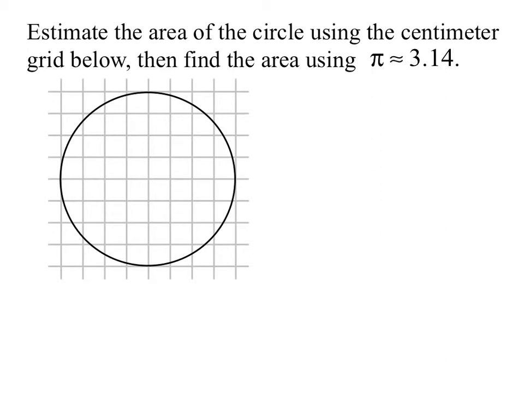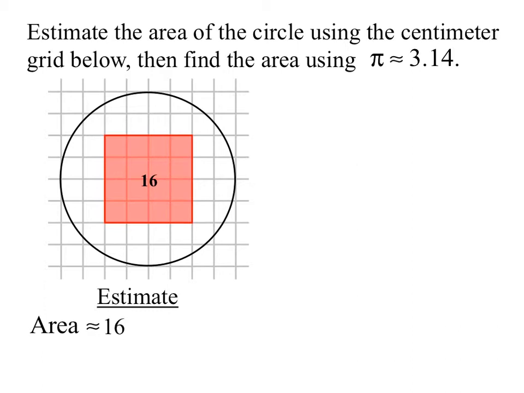Just a quick little view. Sometimes something like this might come up on a state test where you have to estimate the area of a circle and it's placed on top of a grid. Now look, we can look at our squares and just start counting them. We have 16, and then I have 4 more, and 4 more, and 4 more, and 4 more, so that's another 16, sorry.